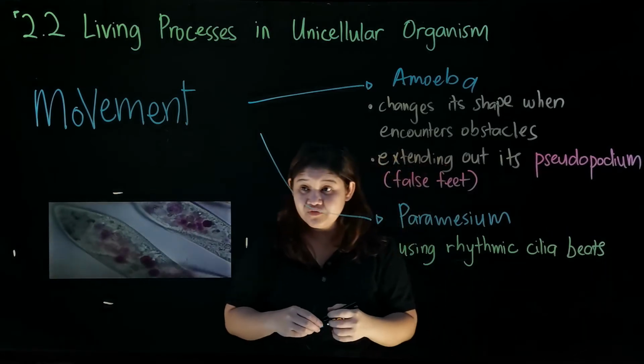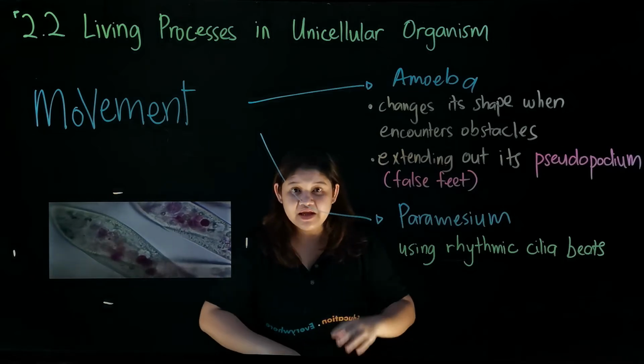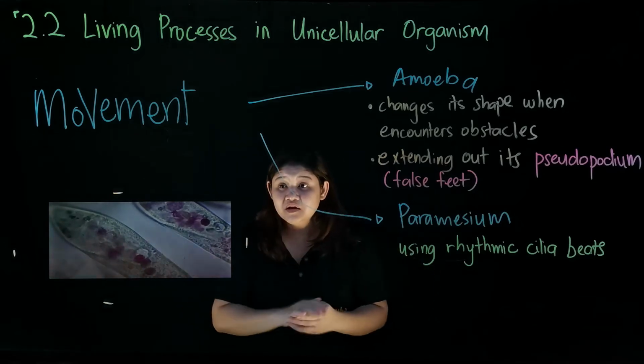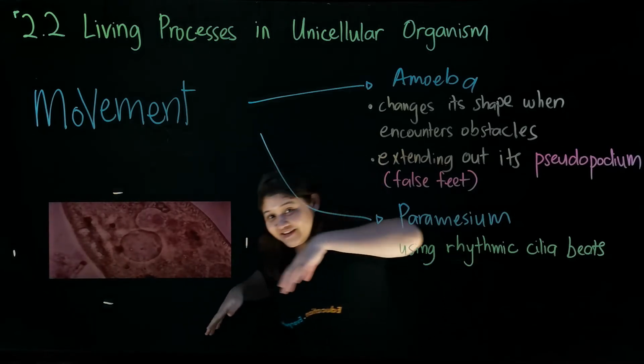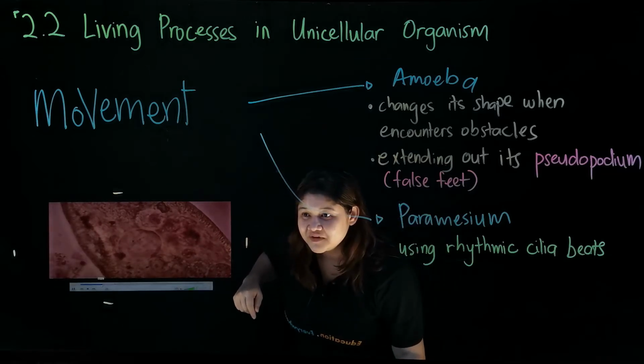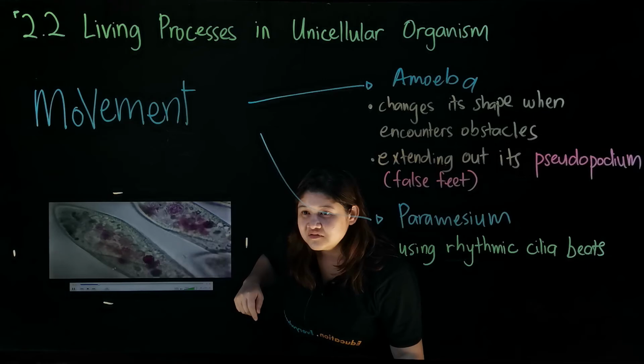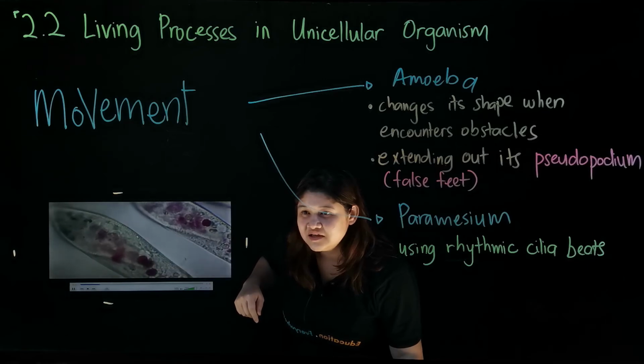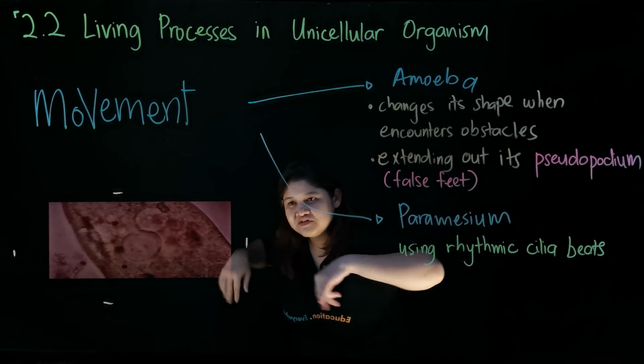When I say rhythmic cilia beats, it's not like playing drums, but the movement of the hair is like that. You can see in the video. So look at the cilia hair. It goes in a rhythm for it to move.